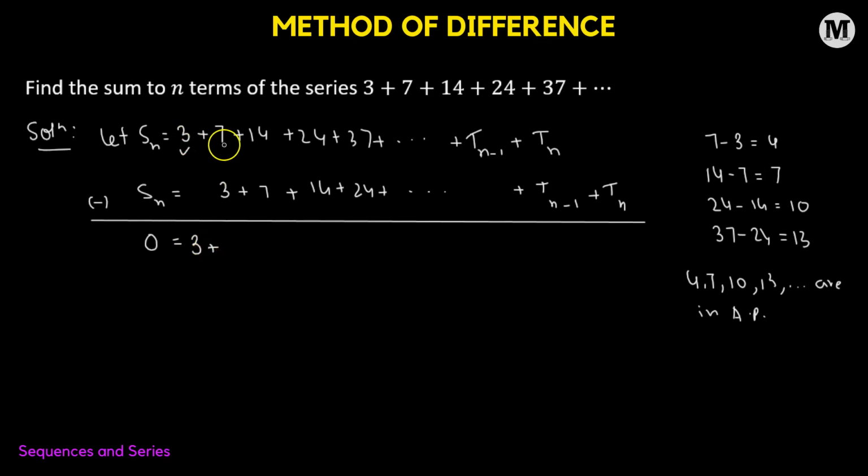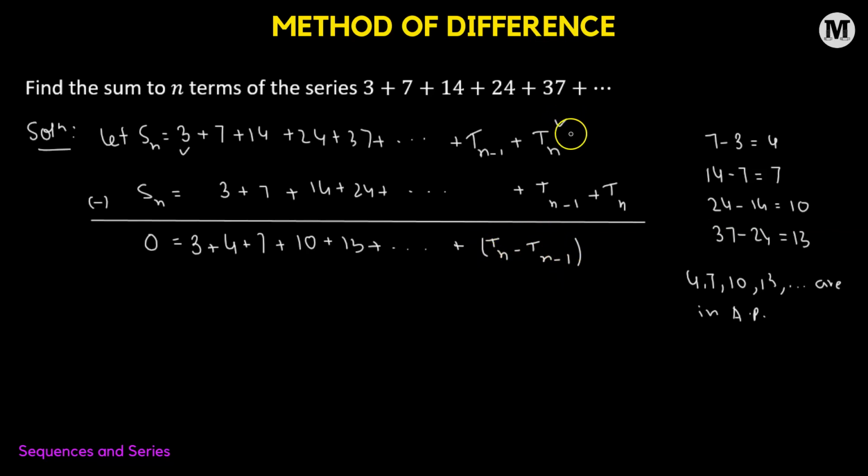Now we take 7 and subtract 3, that's going to give us 4. 14 minus 7, that's going to be 7. Then 24 minus 14, that's 10, added to 37 minus 24, that's going to be 13. Then we have the rest of the terms going all the way up to Tn minus 1.